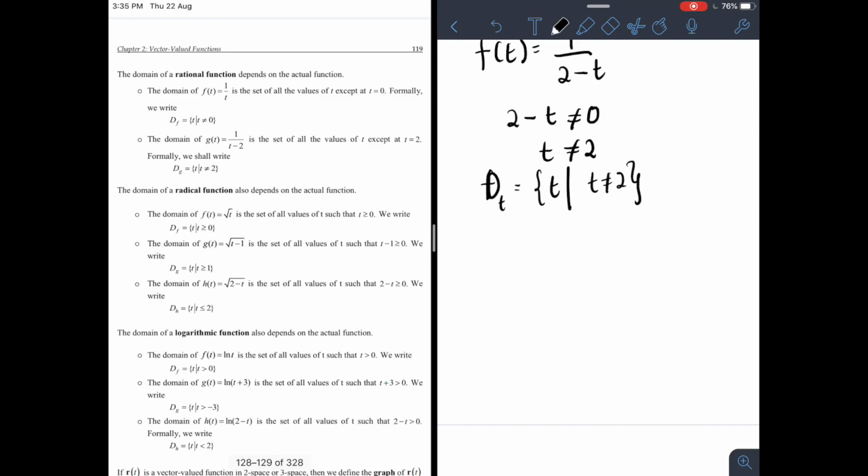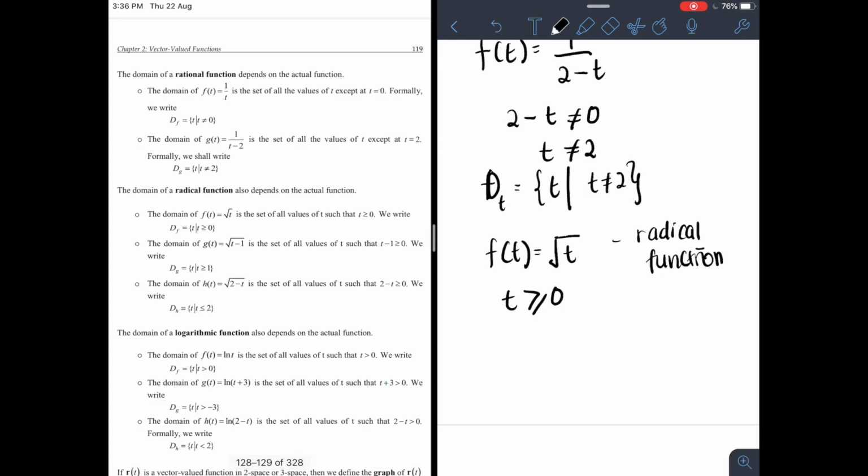So let us take a look at the next type of function, which is the radical function. The basic example of a radical function is f(t) = √t. Whenever you have this square root notation, you can conclude that it is a radical function. As you can see from here, the function will be defined as long as t is larger than or equal to 0.